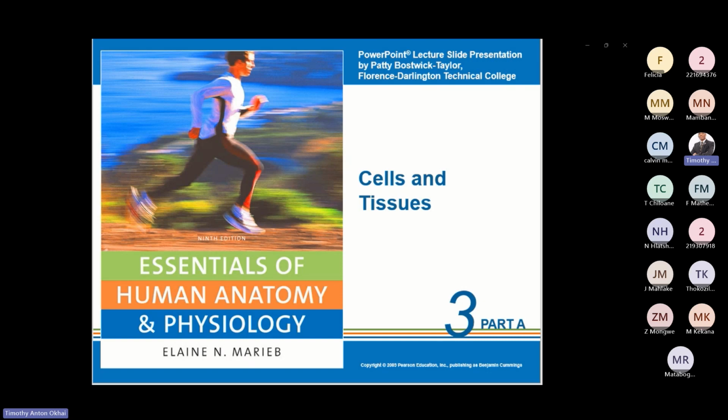We shall talk about different transport processes that allow the movement of substances in and out of the cell through the cell membrane. So we shall look at both active processes and passive processes, and we shall talk about bulk transport. And then we shall talk about cell division and look at the different processes involved with cell division. And we'll look at mitotic cell division and the different stages of mitosis.